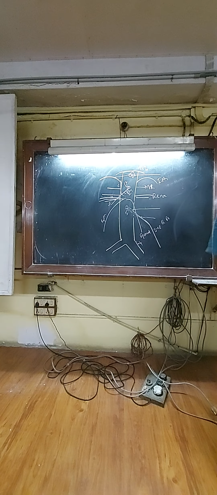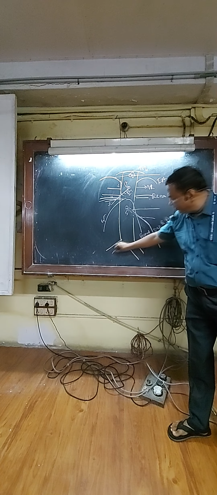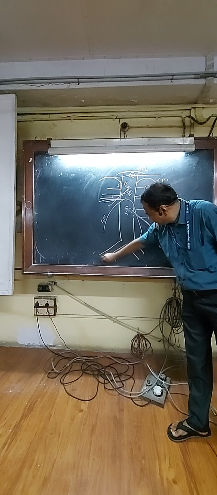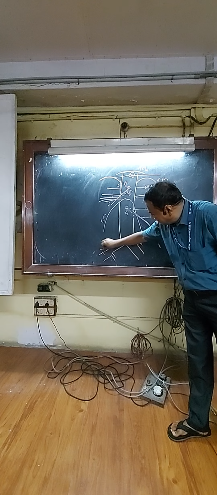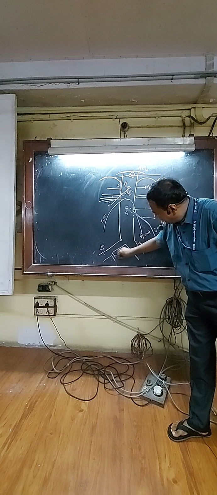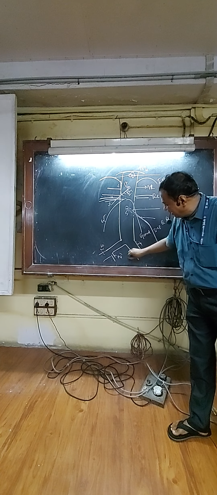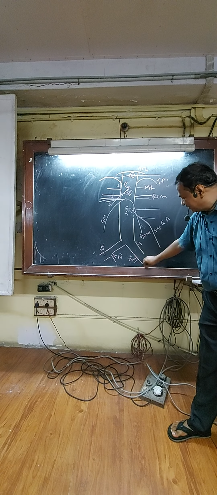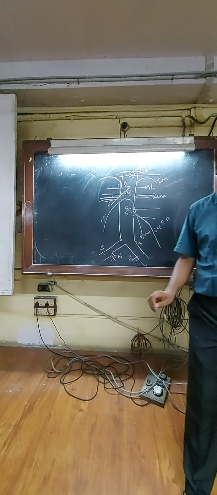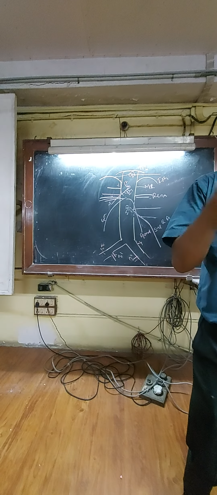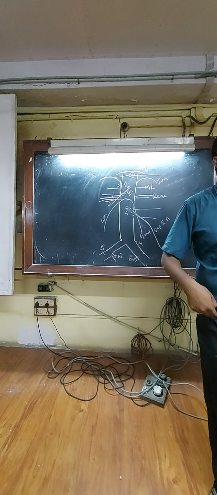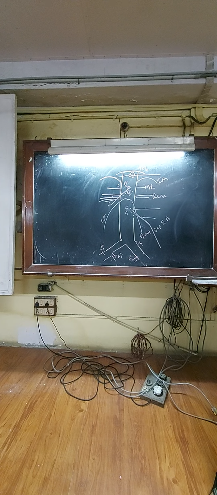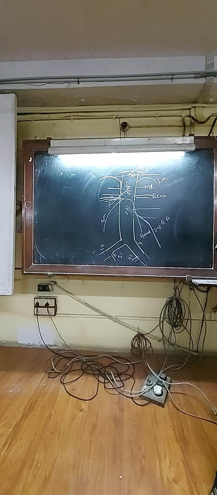Common iliac arteries, which will further divide into external iliac and internal iliac. Internal iliac we will study in the next class. It supplies the pelvis. External iliac supplies the lower limb. So common iliacs divide into internal and external. External continues as femoral. Internal goes to the pelvis and supplies the bladder, the uterus, the rectum.